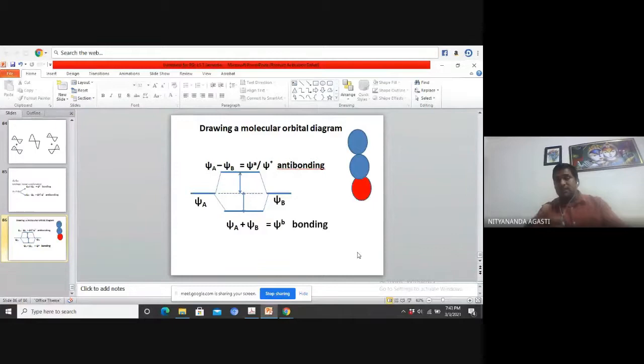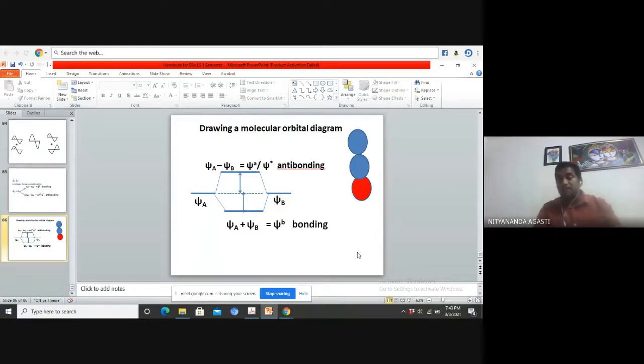Why molecular orbital? Why this term? Because if you look back at the rules of linear combination of atomic orbitals, or the basic postulates of molecular orbital theory, atomic orbitals of two different atoms having similar symmetry and similar energy undergo linear combination to form molecular orbitals.